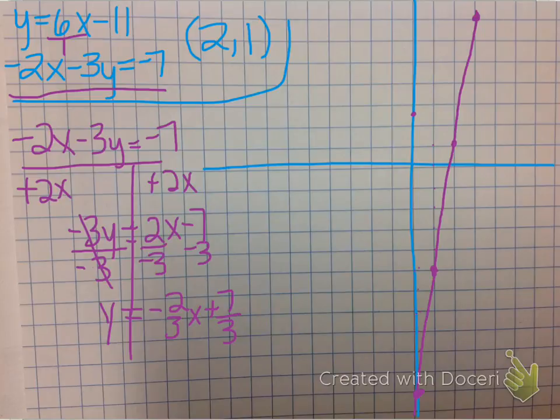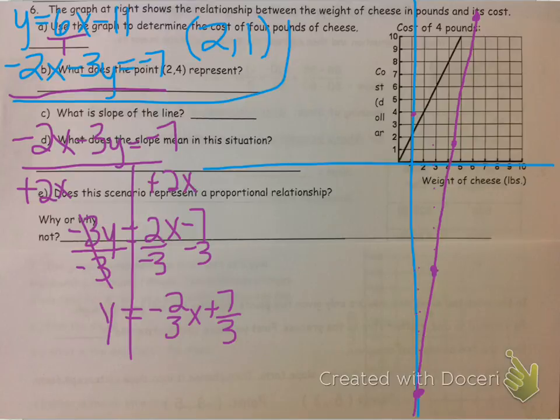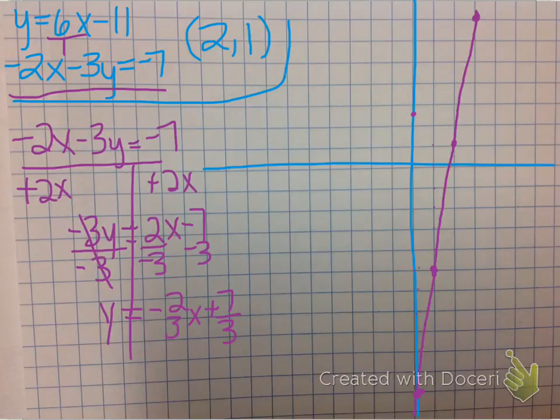And then it's 2/3 x. So I'm going to go up 2 and over 3.